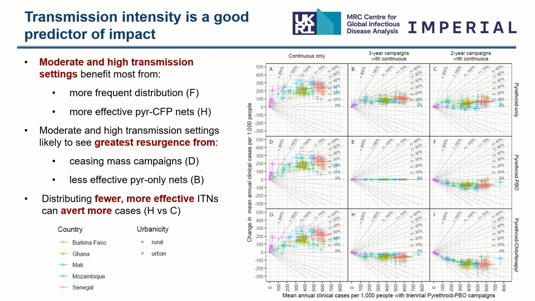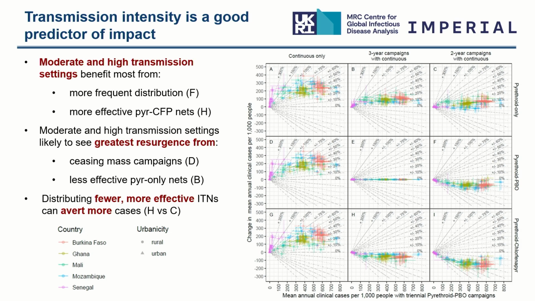Conversely, another way we can look at this plot is what would potentially happen if we deprioritized areas, and that's basically illustrated by panel D, which is showing our estimate in the change in cases if you deprioritized mass campaigns but still stuck with continuous distribution of PBO nets, and we can see that we're estimating the greatest impact in moderate and high transmission intensity regions, but again, we don't estimate a linear relationship.